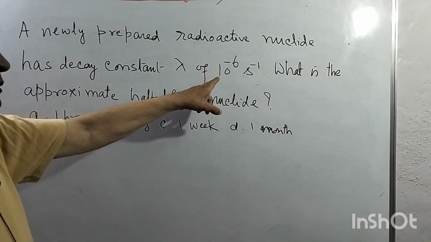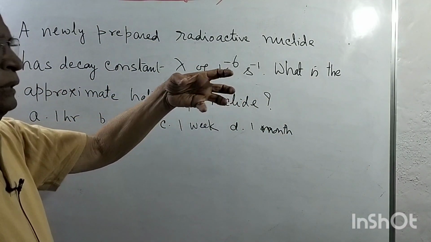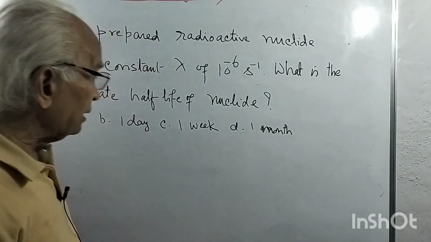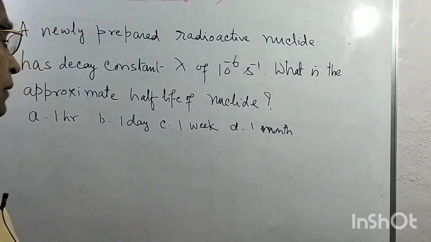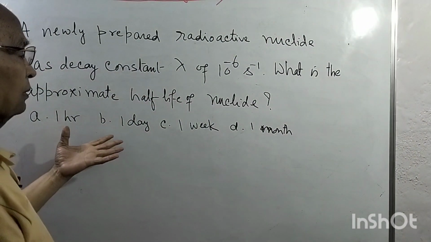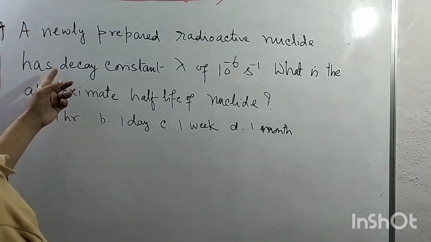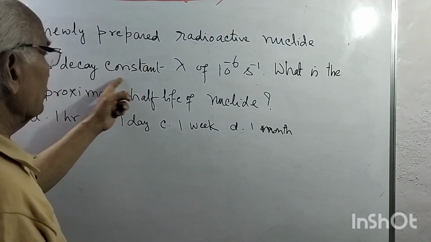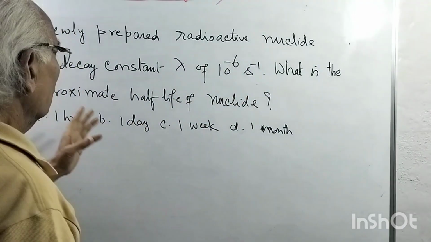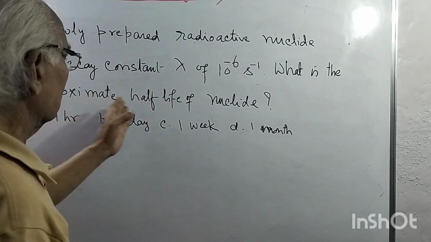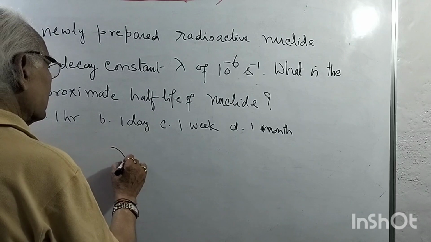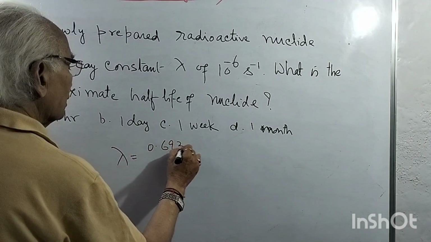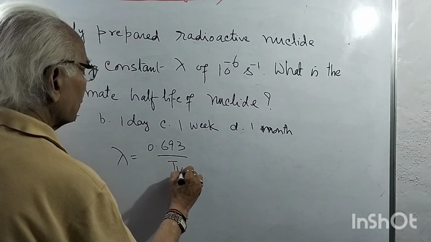When you see decay constant lambda is 10 to the power minus 6, that is the decay constant. So what is the half-life? You know, lambda is 0.693 upon half-life, T half.